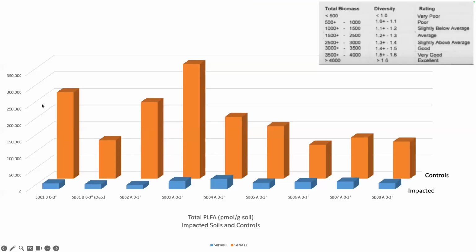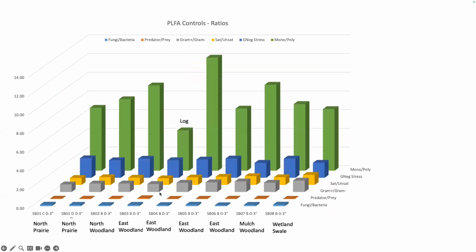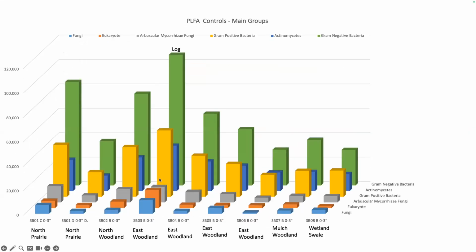So even within a small area, depending on your moisture content and the vegetation, you can get some variations. I'm not sure what else we can say here. A lot of the same groups were there, but just at varying concentrations across the site, which I think ties into vegetation and moisture.